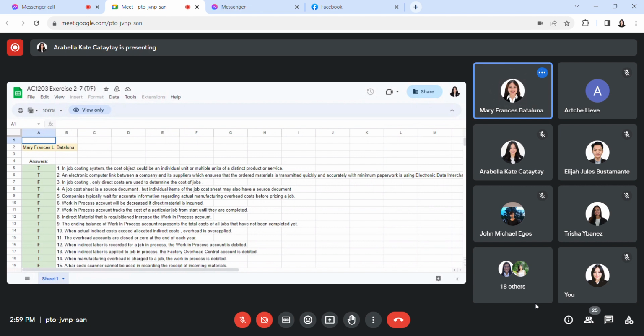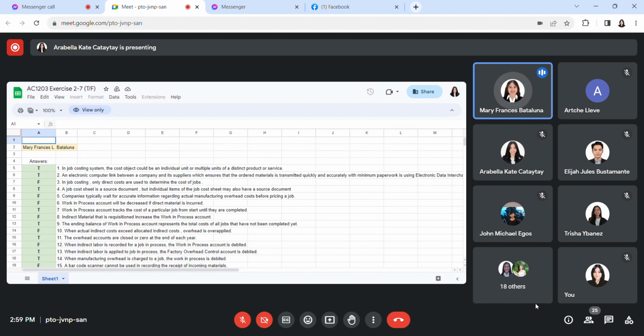Number 5, companies typically wait for accurate information regarding actual manufacturing overhead costs before pricing a job. False. Work in process account will be decreased if direct material is incurred. False. Work in process account tracks the cost of a particular job from start until they are completed. True. Indirect material that is requisitioned increases the work in process account. False.